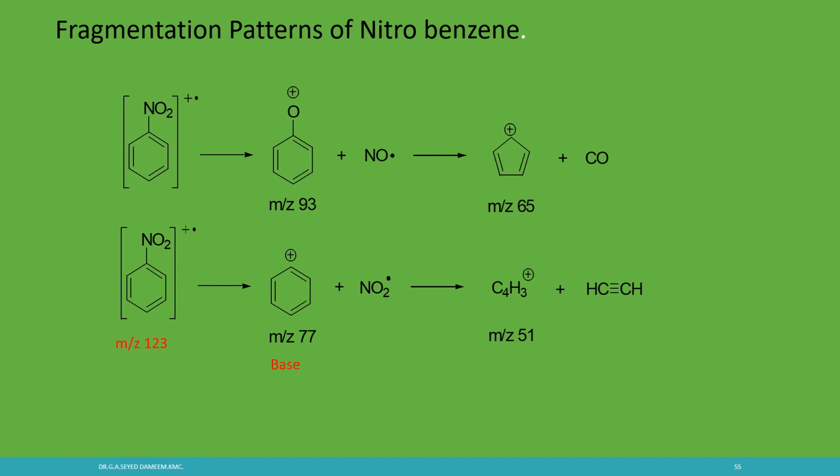Also, from the molecular ion, loss of NO2 dot gives C6H5+ with m/z 77. After formation of this ion, elimination of acetylene forms C4H3+ with m/z 51. Among all the ions, the phenyl cation C6H5+ has greater stability, and that ion gives the base peak.